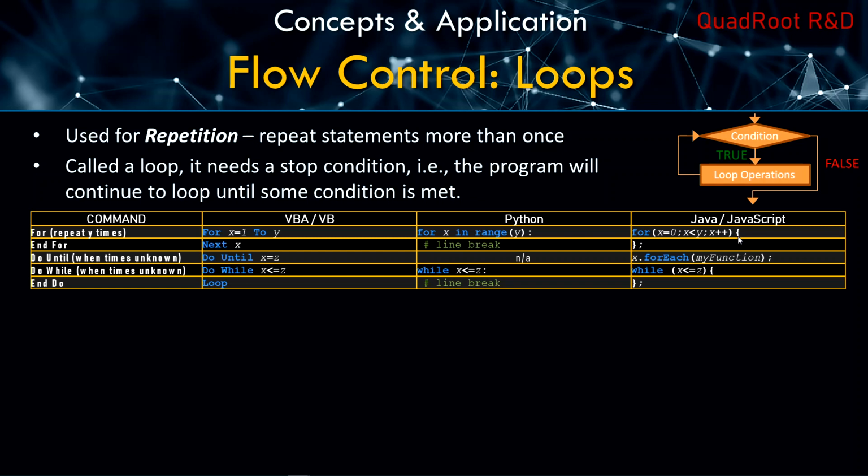And then you open the curly brackets, and all your loop operations will be between these curly brackets. Now the do loop is where you say do until x is equal to z, say z is another number. Or you can say do while x is less than z.